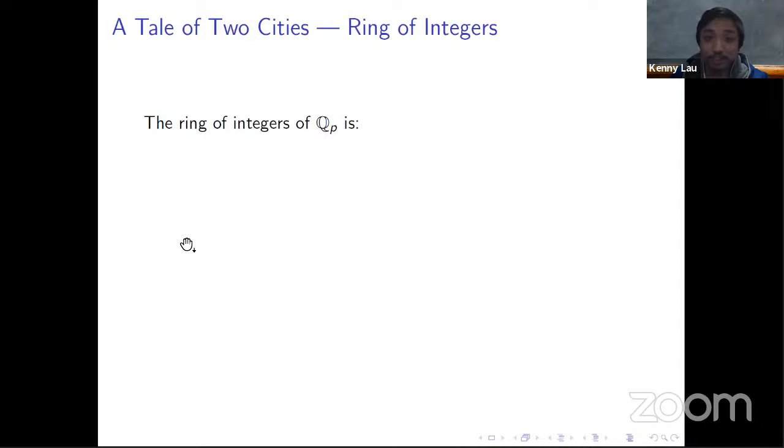Another thing in common is that we can form their rings of integers. The ring of integers of Q_p is Z_p, and the ring of integers, I should recall, is the ring of elements with norm bounded by 1.